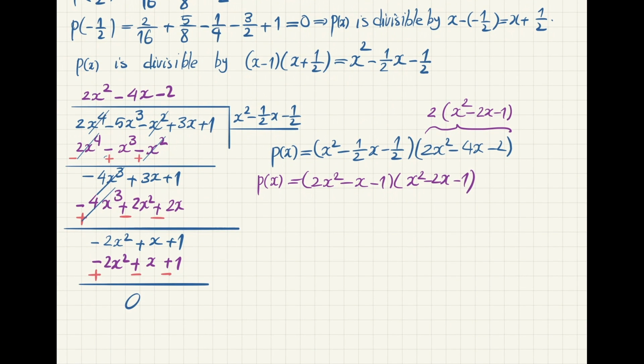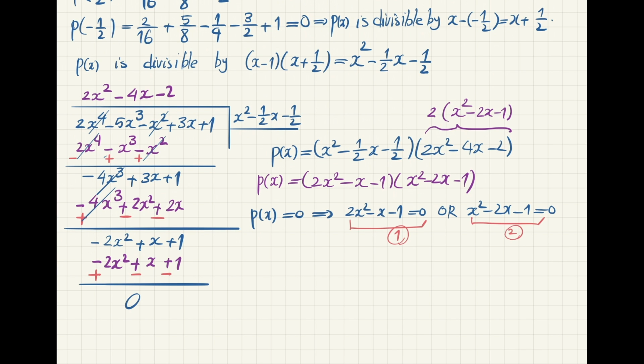Okay, so my problem is to solve p of x equal to 0. So if I put p of x equal to 0, this means either 2x squared minus x minus 1 is 0, or x squared minus 2x minus 1 is equal to 0. Okay, so let me call this one equation number 1, and let me call this one equation number 2.